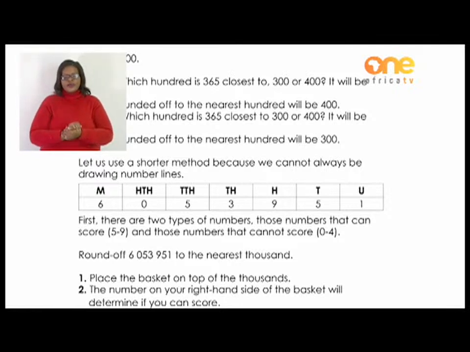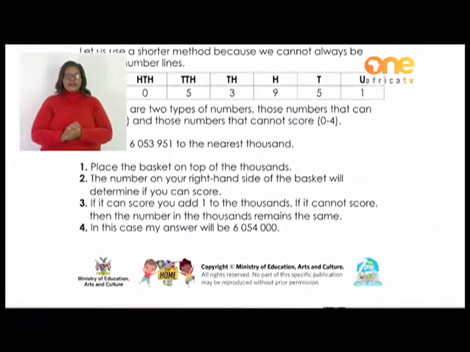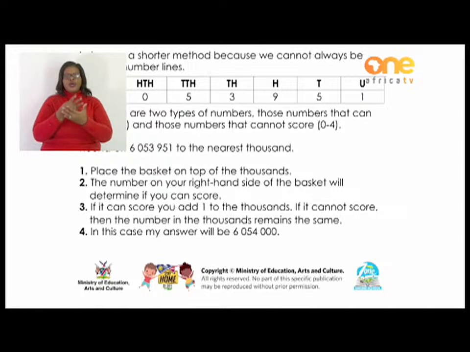Let us use a shorter method because we cannot always be drawing number lines. So there is a chart or a diagram here which indicates the place values and the numbers. We need to make a little correction there at 0, 5, and at 3, meaning at 100,000, 10,000, and 1,000.